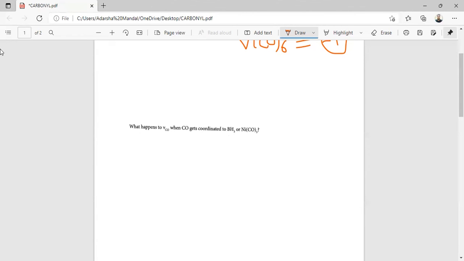For the Ni(CO)3 case, nickel is group 10 with electron configuration 4s2 3d8.